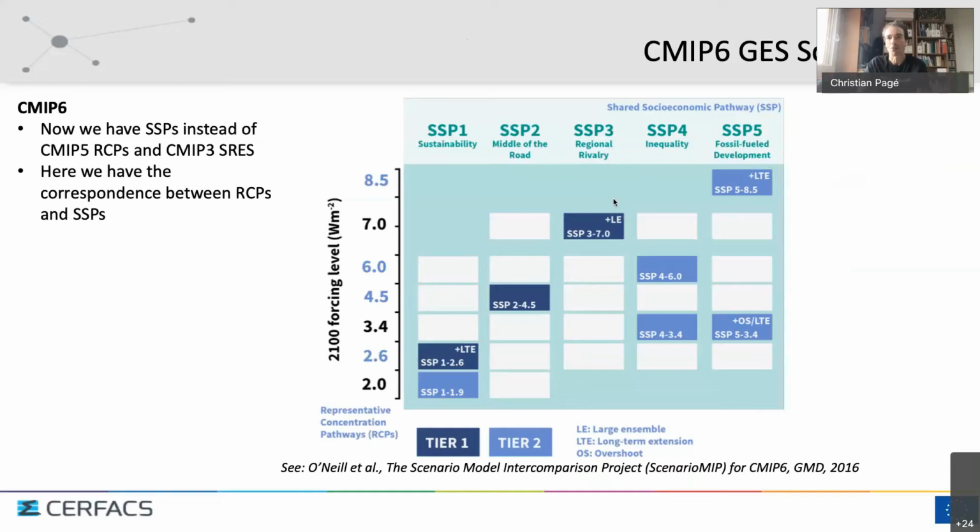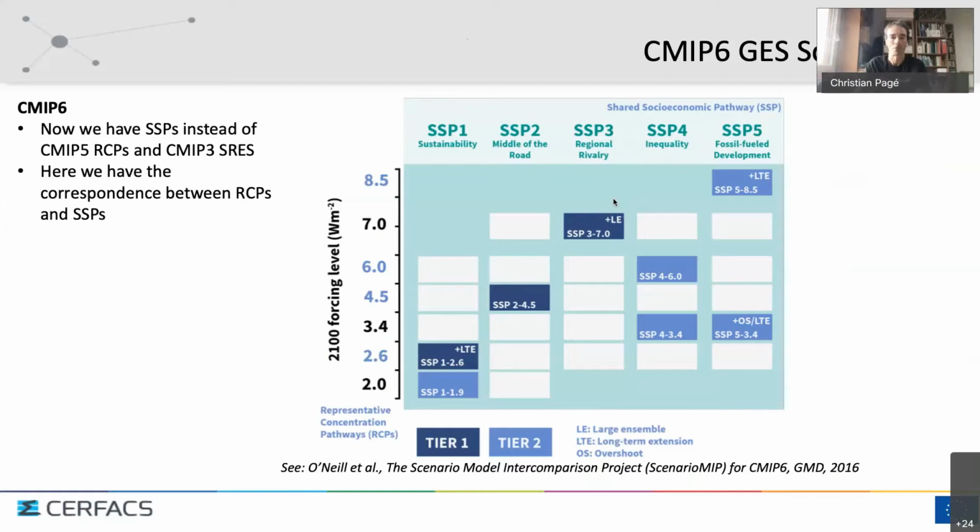It stands for Shared Socioeconomic Pathways, and those are different evolutions of the greenhouse gas concentration in the atmosphere, given different decisions that countries will try to follow to limit the amount of greenhouse gas in the atmosphere.